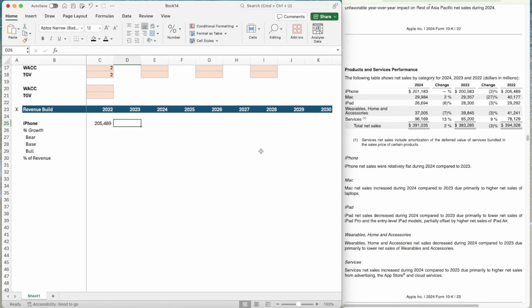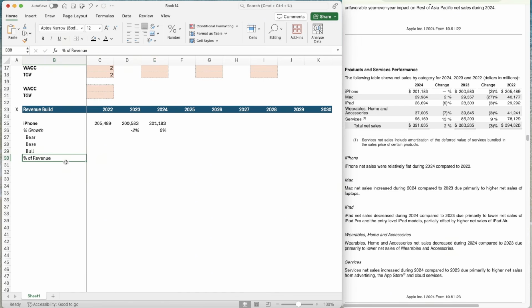And then 2023 is 583. So it's quite a big drop there. No, actually, just let's format this first. Then control copy, and just pull it along.